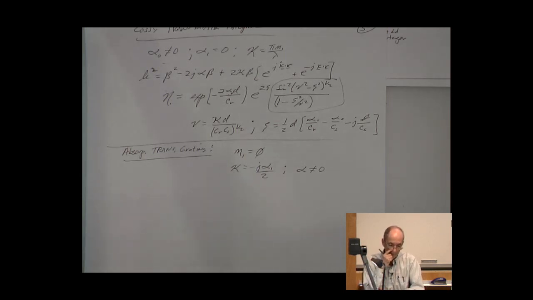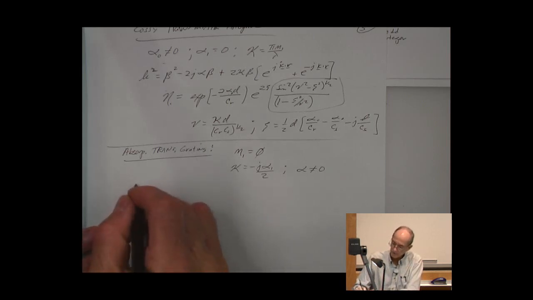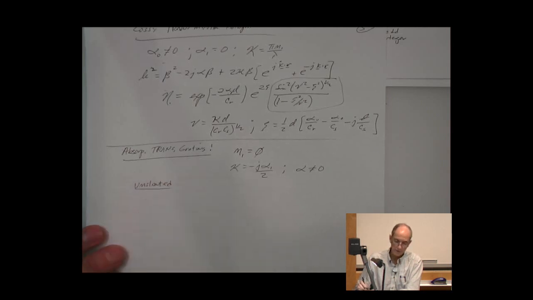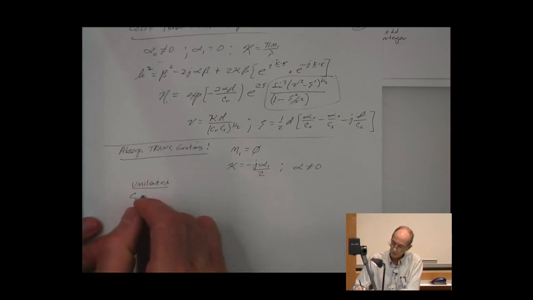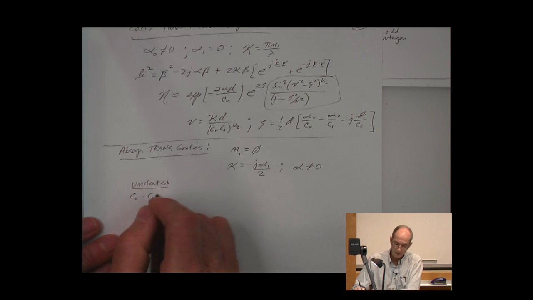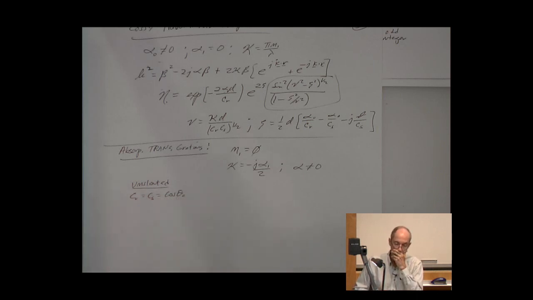All right? Now, to make things a little simpler, let's just consider an unslanted grating here. So we have C sub R equals C sub S equals cosine theta 0.